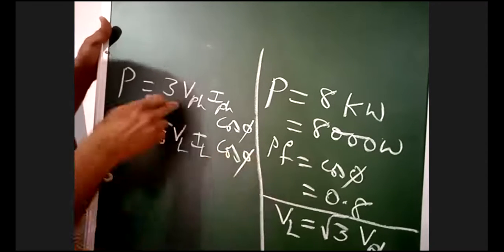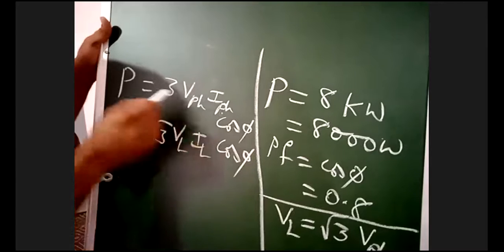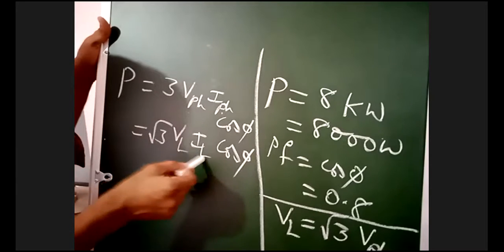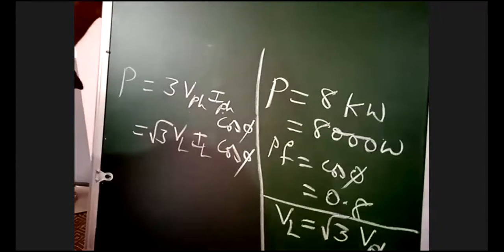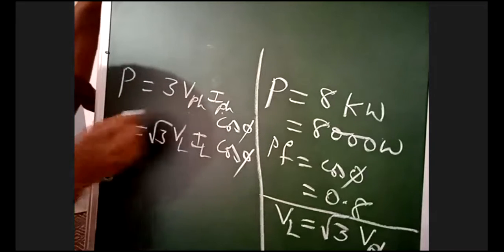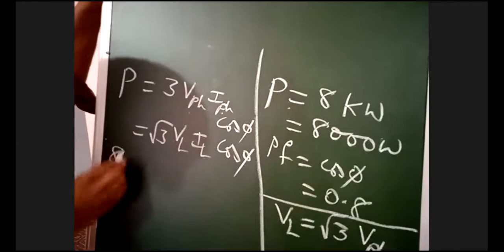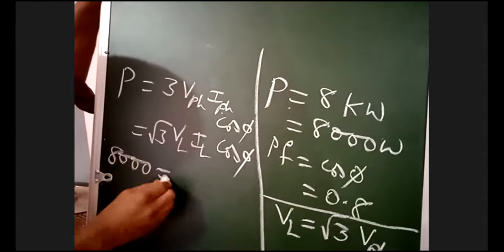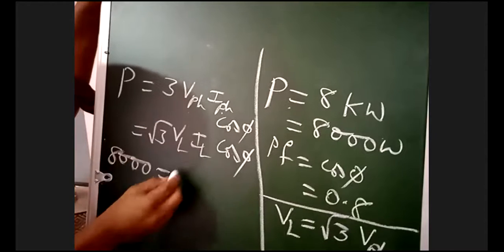We can take any formula. If you are taking V phase I phase, we will take 3 here. If you take VL IL, we will take root 3. Is it okay? Take any formula. What is power P? 8,000 watts. I am taking the first formula.